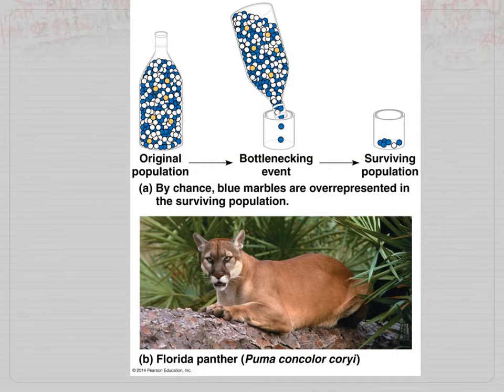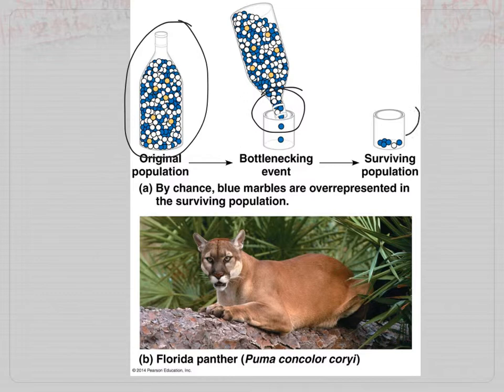So a little graphic example of what's happening here. If we have our original population, you can see blues, whites, and a few yellows mixed in there. Well, literally creating a bottlenecking event that only allows certain species through, and therefore only certain alleles through, we end up with a surviving population, very small, of just blue and yellow.